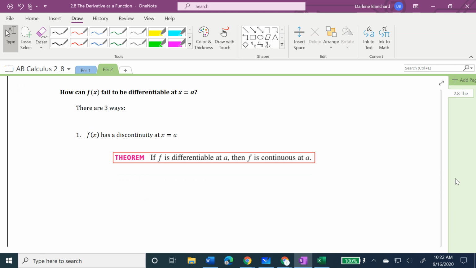So let's bring back some memories. How can we fail continuity? We can fail continuity if our graph has a hole at x equals a. You are not allowed to take the derivative if you have a hole in the graph.